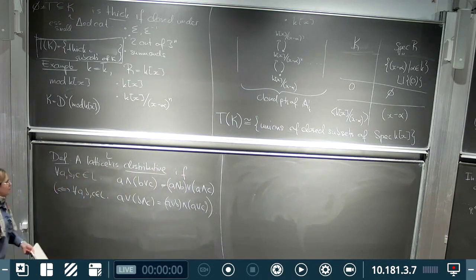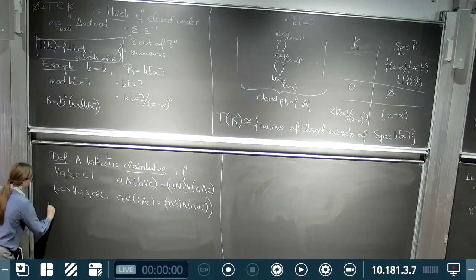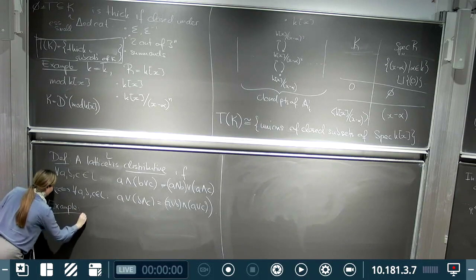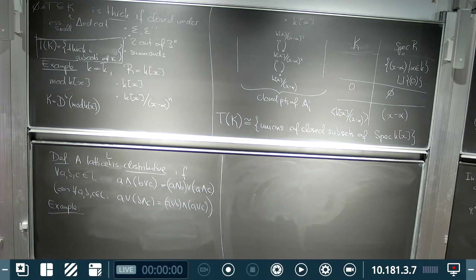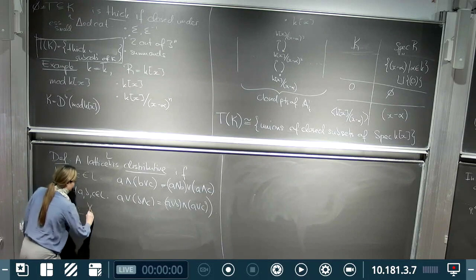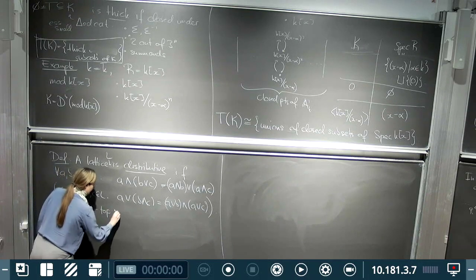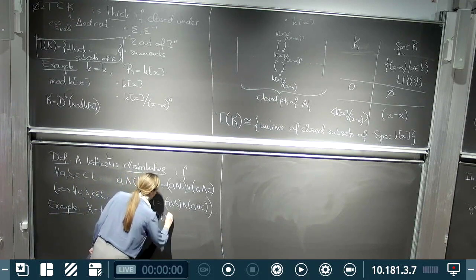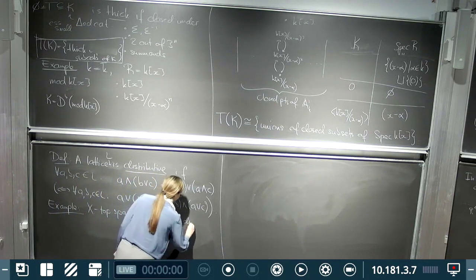All right, so, example. And that's the crucial point for us here: if X is a topological space, then O of X is distributive.